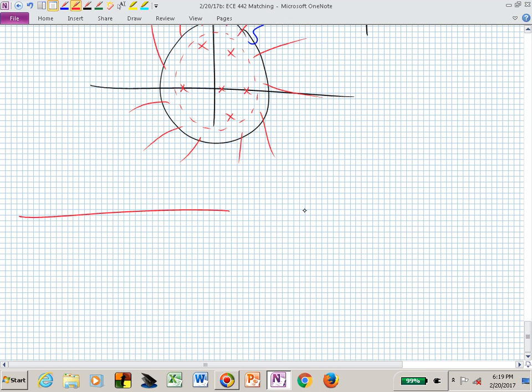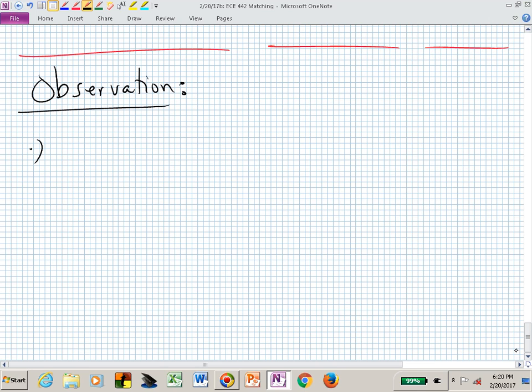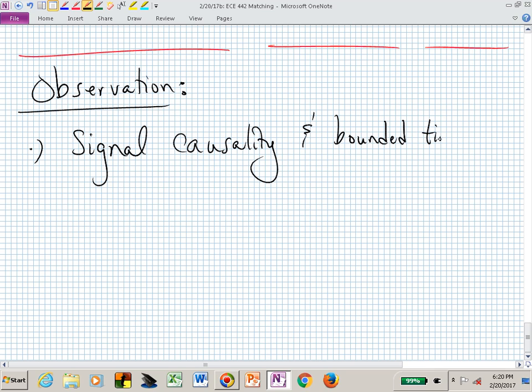Meaning, we have this observation that can be made, and that is this sort of disconnect or independence of signal causality and bounded time response.